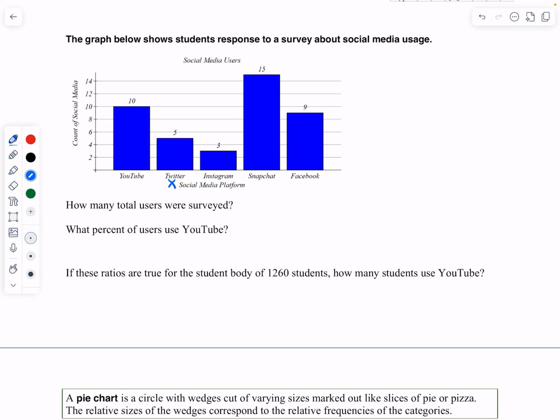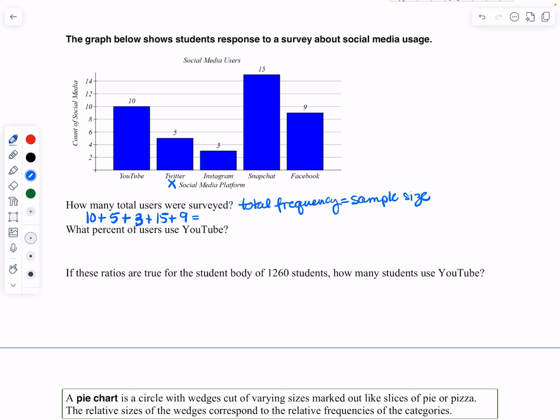How many total users were surveyed? So we want the total frequency. And remember that equals the complete sample size. Okay, so we just have to add up the frequencies. So for YouTube, it's 10 plus X or Twitter is 5 plus Instagram is 3 plus Snapchat is 15 plus Facebook is 9.